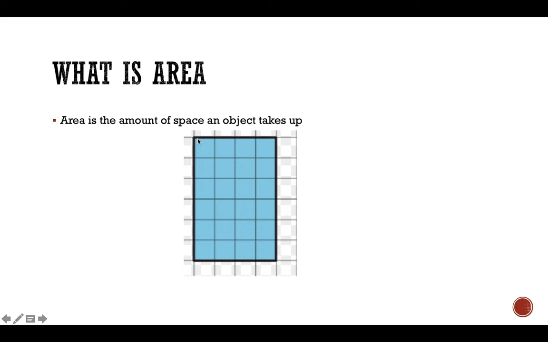I'll save you the counting. There are 24 boxes that are shaded in. So the area of this shape right here is 24 units squared. It's going to be important that we square our units when we find area.